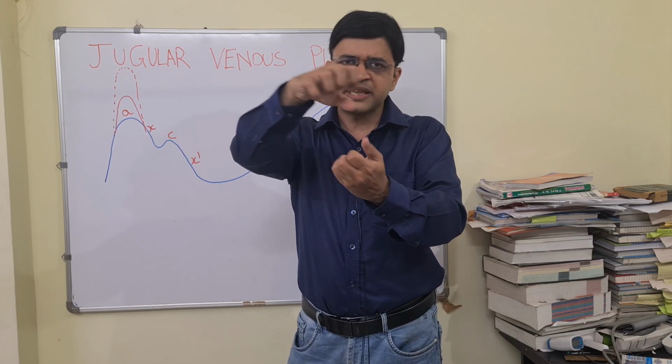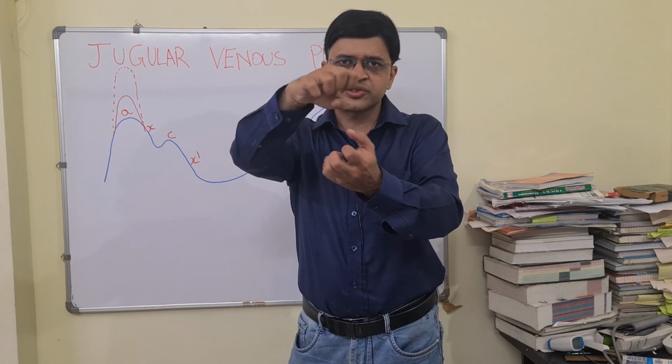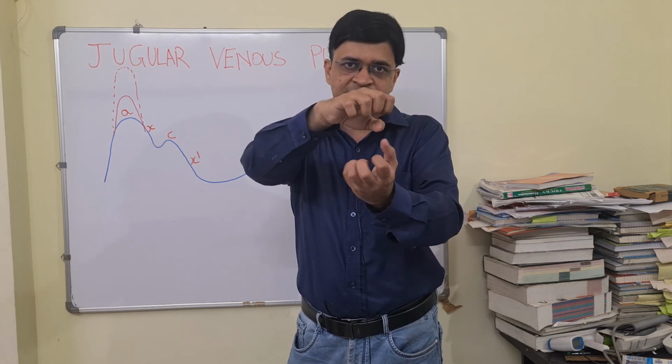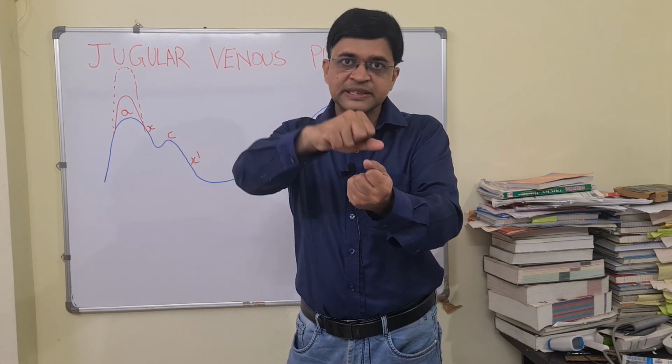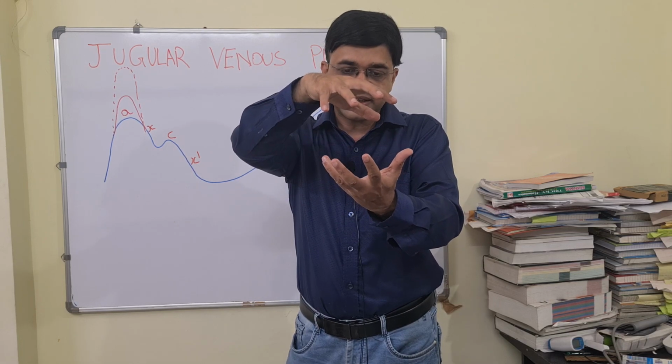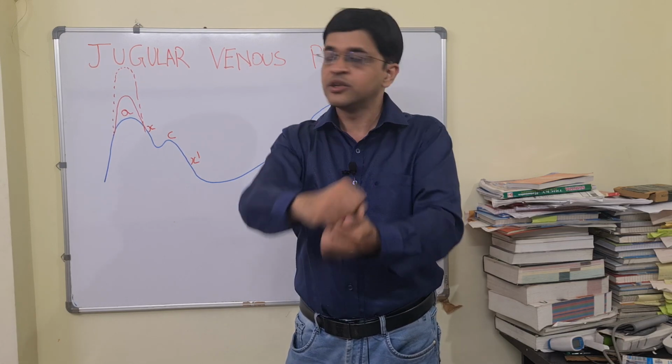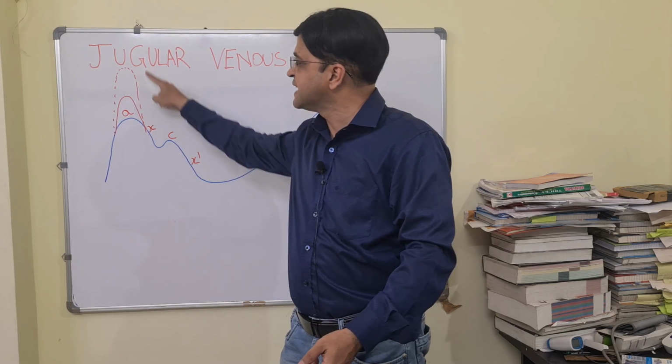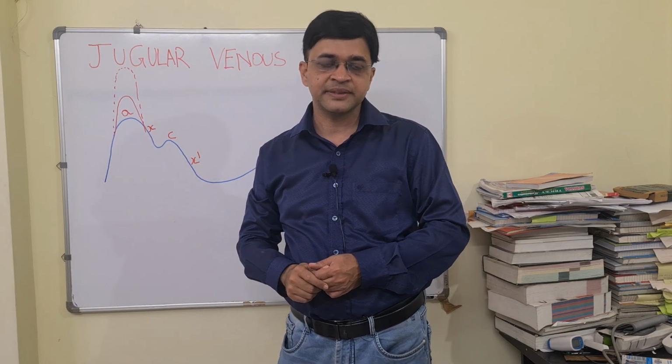So they might beat wide apart on two or three beats, but on every third or fourth beat they might beat together, and just at the point when they beat together, you will get cannon A waves.